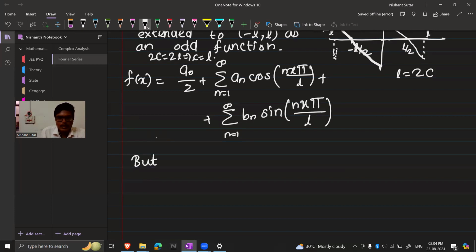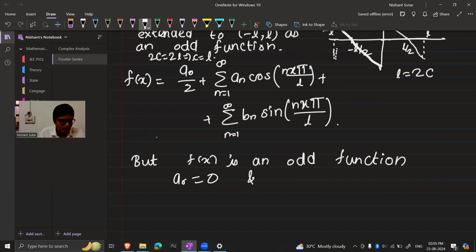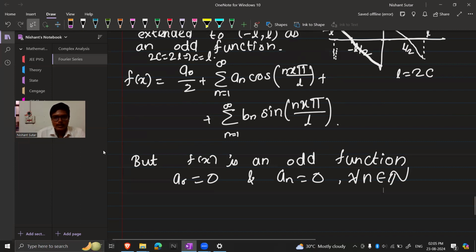But we know that f of x is an odd function. So what do we know about an odd function? a naught is 0 and all a n's are 0 for every n.